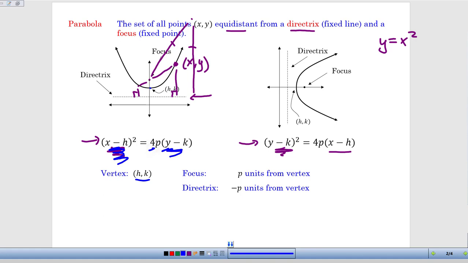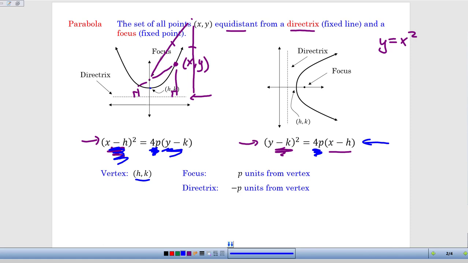And then we see this 4p that shows up in the equation. When the equation is written in this format, with the squared variable isolated on one side and the other variable on the other side, we're basically going to have a number on the outside of a set of parentheses, multiplying the non-squared variable. So y minus k, or x minus h, as it is in the second example over here.